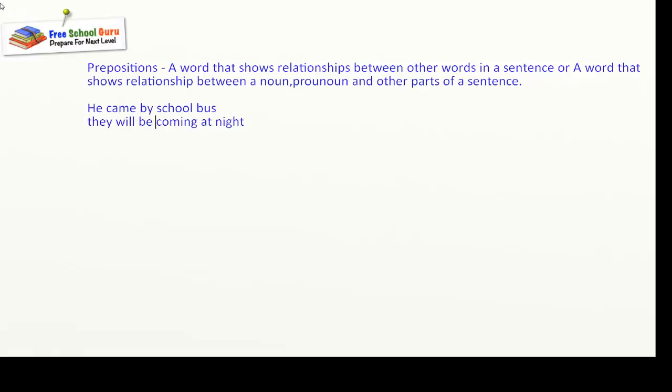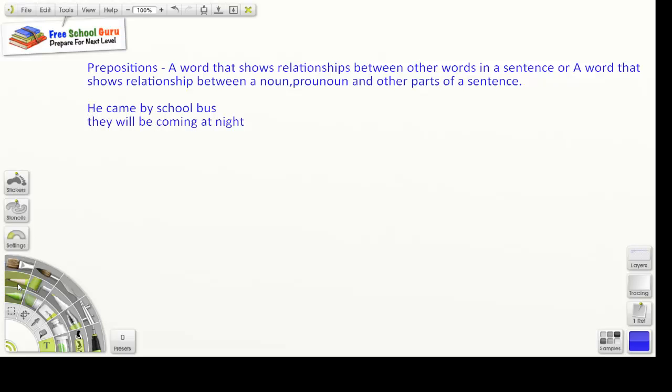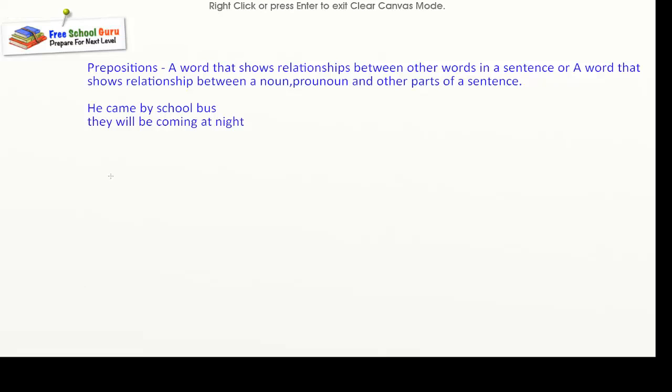So let's look at the first one. He came by school bus. Now what's a noun here? The noun or pronoun is he. Again, basic formula: try to identify the noun or pronoun in a sentence.